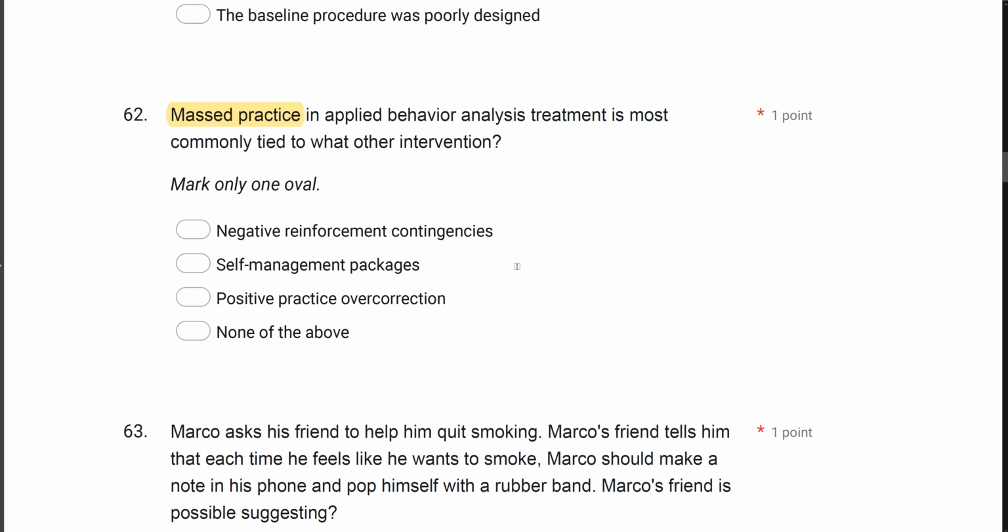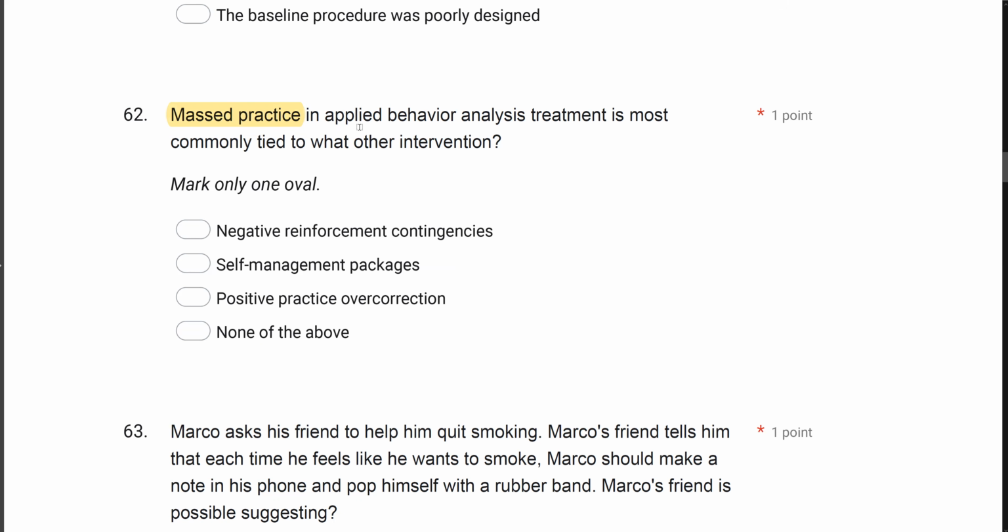A, negative reinforcement contingencies. Well, it's not a reinforcement procedure, all right, because you're going to be doing the same thing, incorrect response over and over again in order to reduce that behavior. B, self-management packages. Yes, massed practice is most commonly tied to self-management, and that's what throws people off.